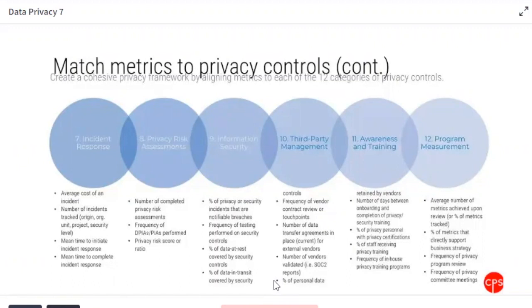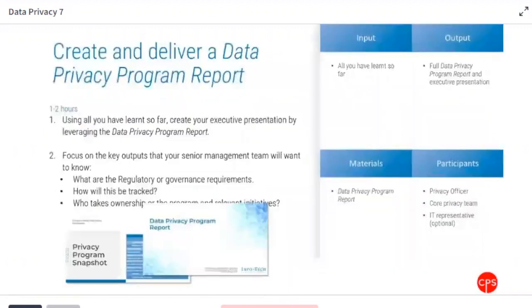How often does management sit down with the privacy team to review the privacy program that is being implemented? Or I'm sorry, how often does the privacy team meet to also ensure that the privacy program that they've implemented is effective? So these are just ways to measure.